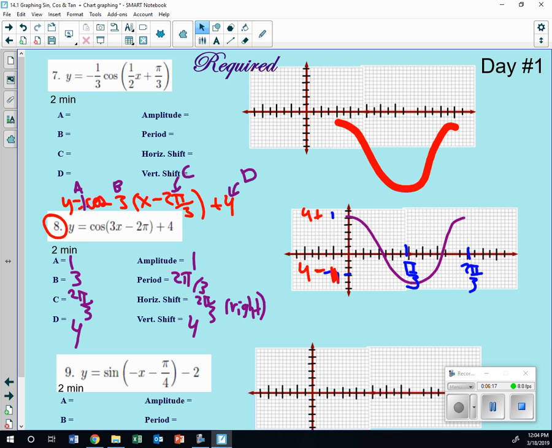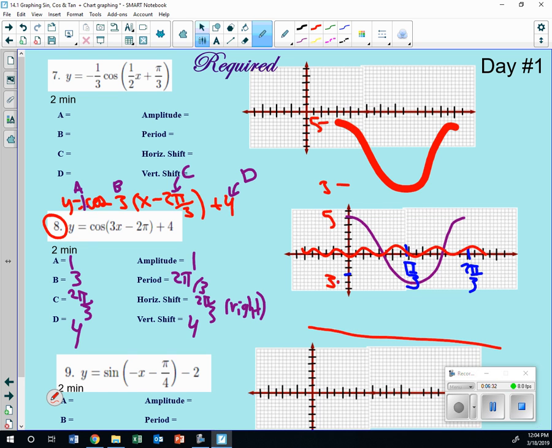So it's going to go from 3 to 5. Or if you wanted to, and you really shouldn't, but I would do it, I would go 3 to 5 and just scratch this out, and here's the axis down there. It's cheap, but it works. And we're sketching. So the best way to graph is how? Computer or calculator. But we're sketching these. We just do our best we can. That's number 8.